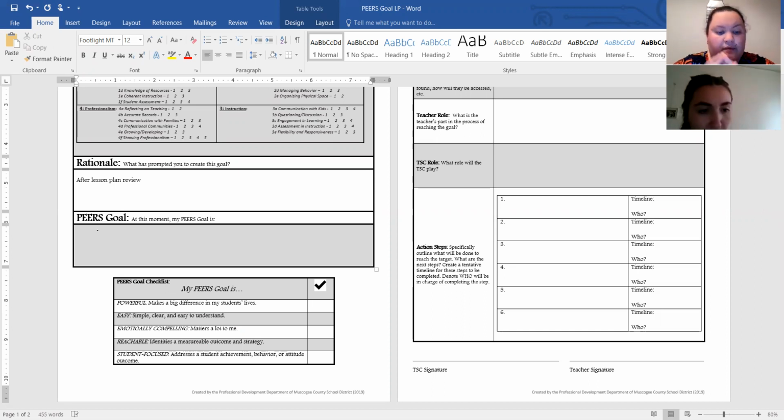Probably to ensure that the questioning strategies are listed in the lesson plan rather than just the questions themselves, in lesson plans, powerful questions. Do you want to say each week?